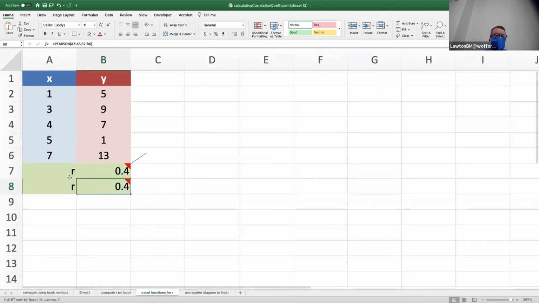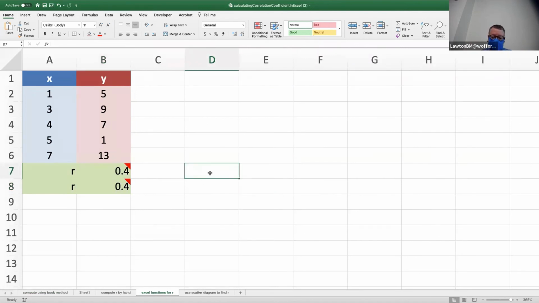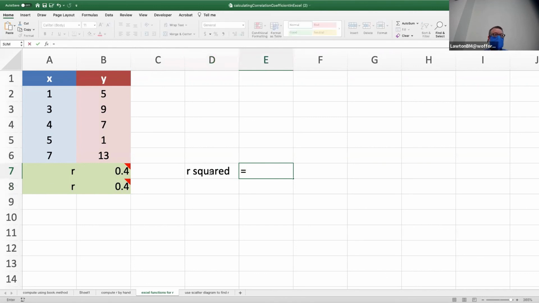So that was R. If I was going to compute R squared, how would I find R squared? Think like 7th grade. Here's R, I want to find R squared. What do you do? Square it, right? So just take that and square it, and you're good.